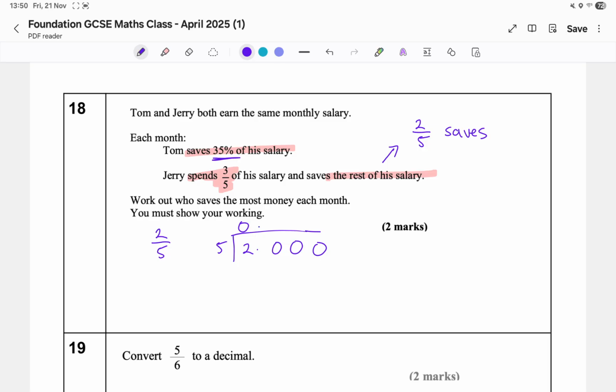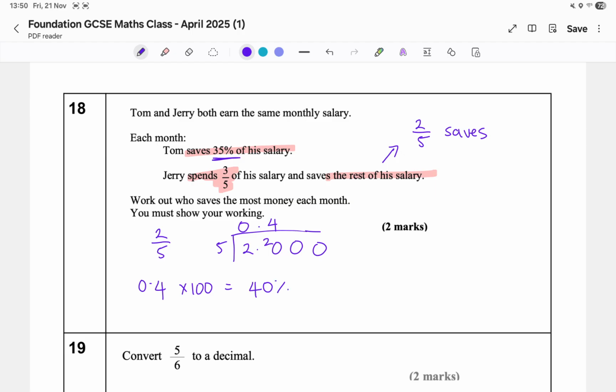5 can't go into 2, so I'm going to carry it over. Carry the 2 over. How many times does 5 go into 20? 4 times. So I can see that is 0.4, and then to get it as a percentage, just times it by 100, because percent means 100, and that is going to be 40%.